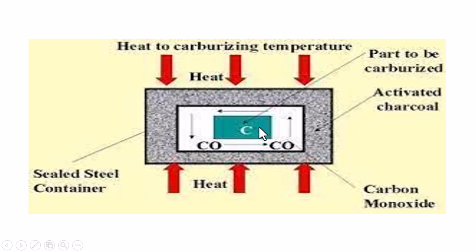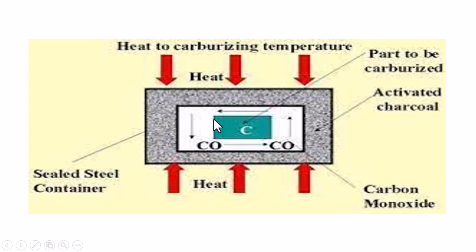Inside this box, we place the component, and surrounding this component, we place the material. If it is carburizing, we provide carbonaceous material, for example activated charcoal. If we are doing nitriding, we can use ammonia. For cyaniding, we use some other material for that purpose.